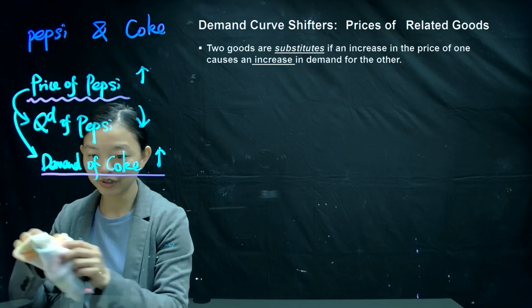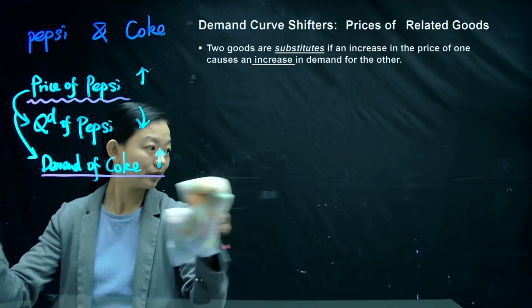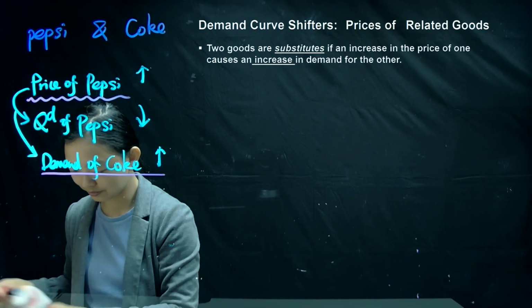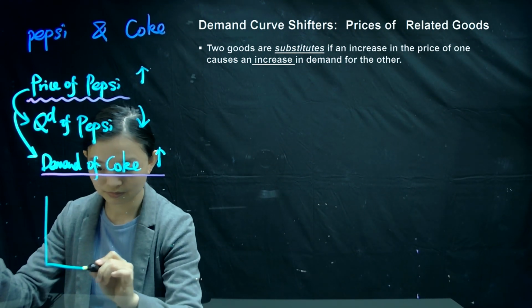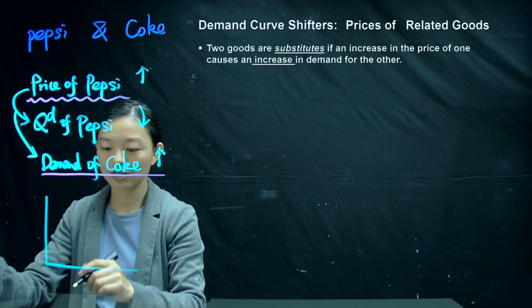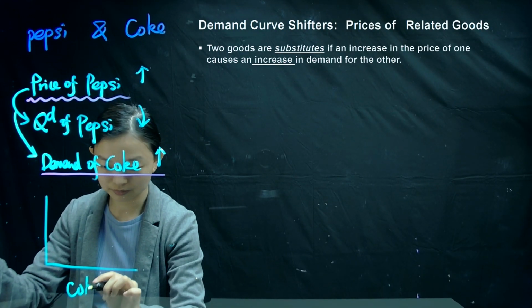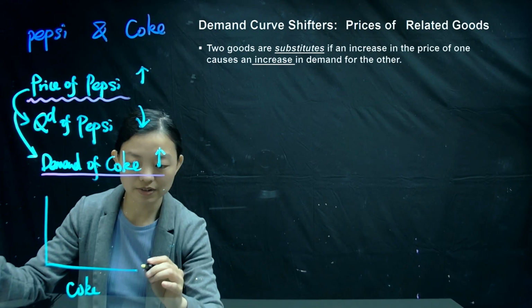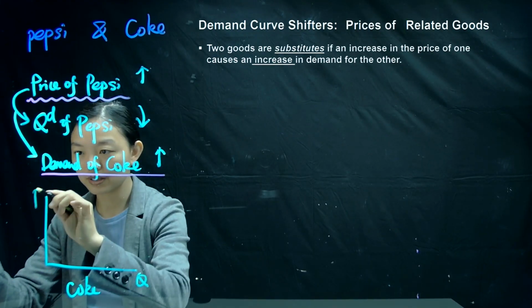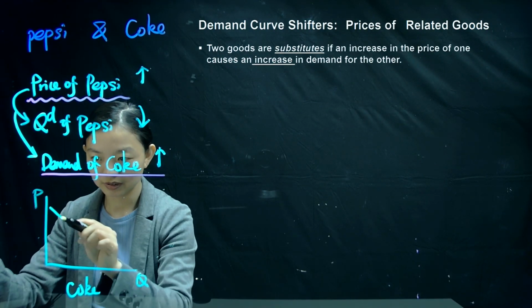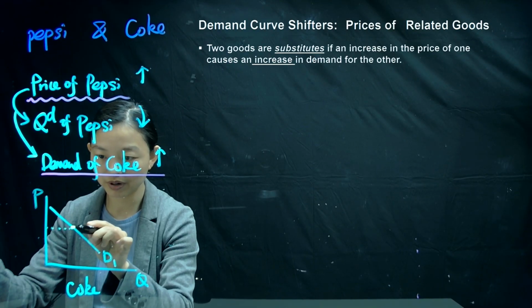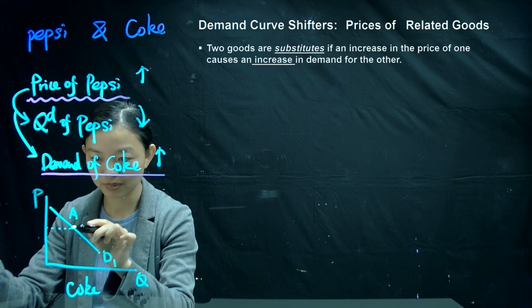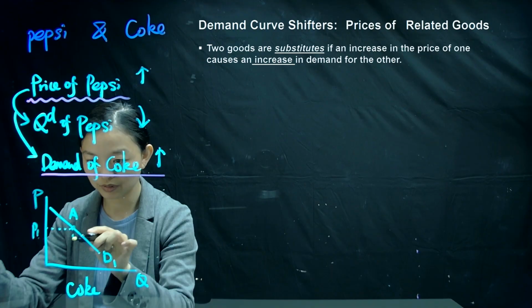So let me draw a graph for you. In this case, I treat this as for Coke, okay? This is the demand for Coke, this is the price for Coke. This is the original demand curve. And then we assume the Coke price is, let's say, P1, Q1.